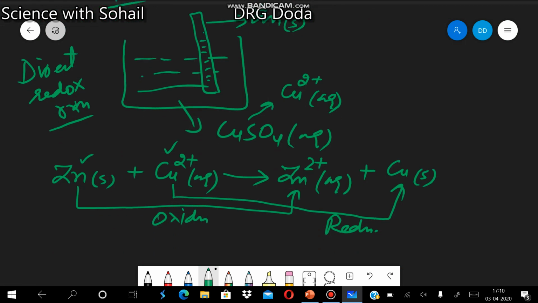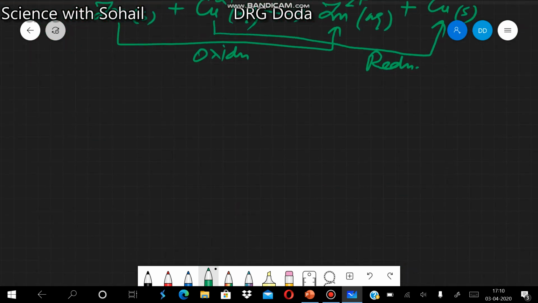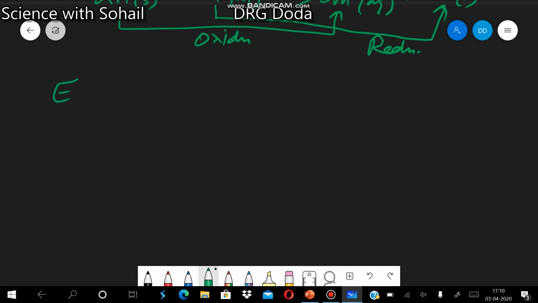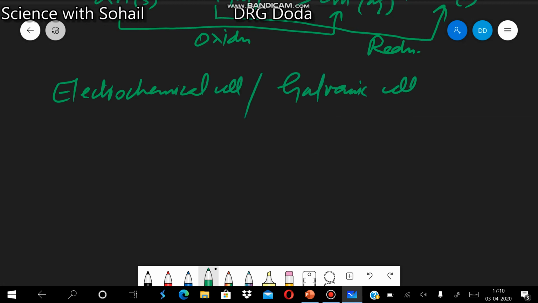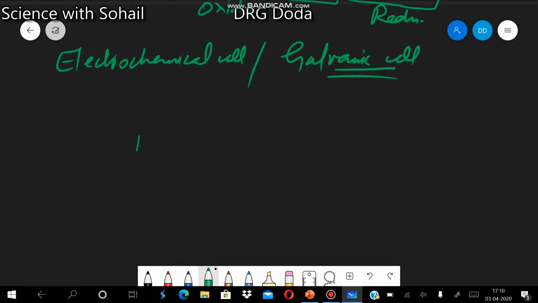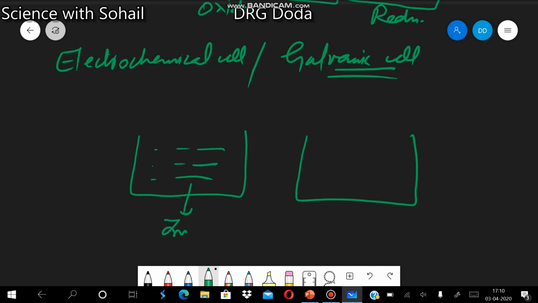Now the same reaction can be carried out indirectly as well, like in the case of electrochemical cells. Galvanic cell is such an example. In a galvanic cell, we have two separate containers. In one container we have zinc sulfate solution, and in the second container we have copper sulfate solution.